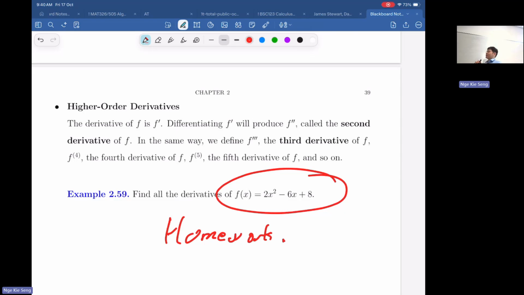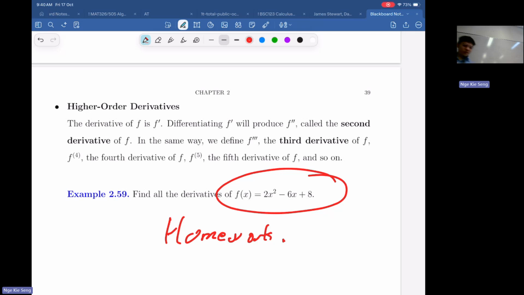Two. So you do it once, you reduce the power, from what you have learned before. But I suggest you use the limit way to compute it. So you do it once, you decrease 1 degree, and then you do it twice, you decrease your degree until it is a constant. And then the rest you will always just get 0.